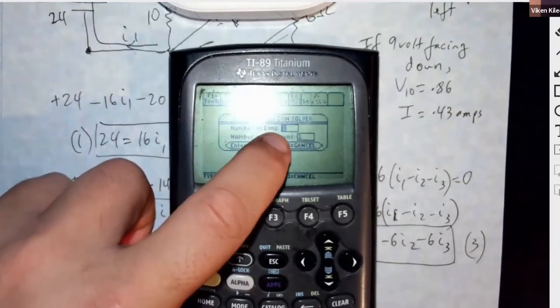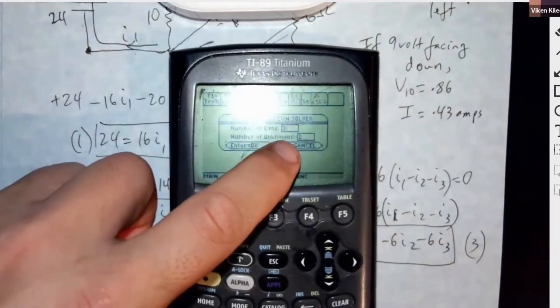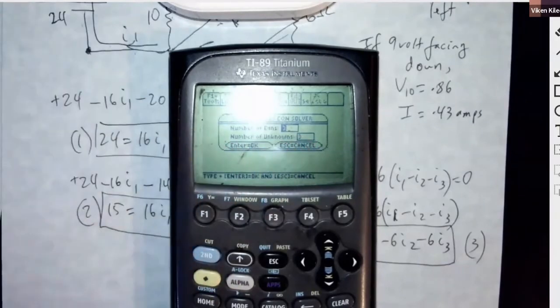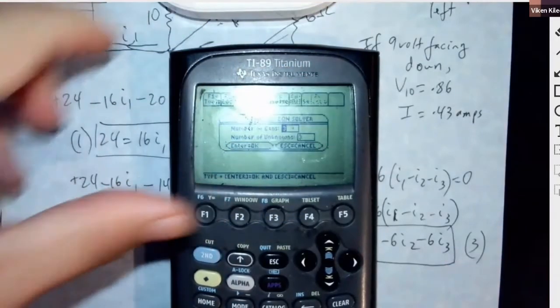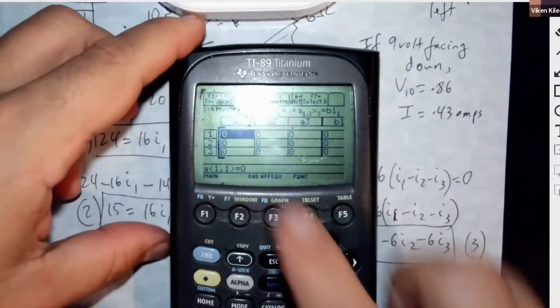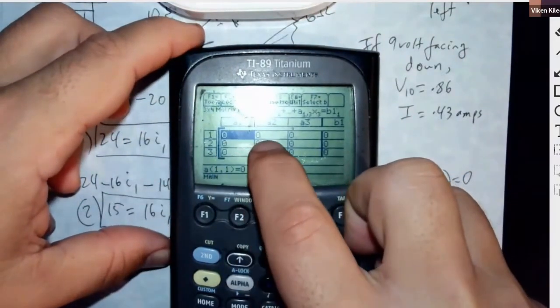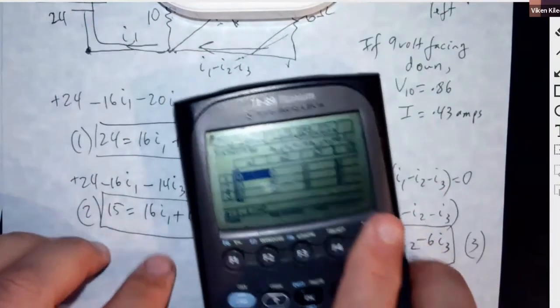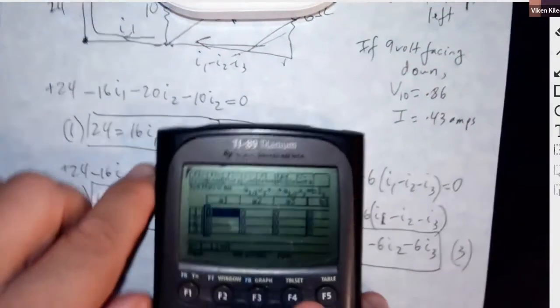Then you say 3 equations. Enter. And then 3 equations, 3 unknowns. You see? So then you put in the coefficients, A1, A2, A3, and then what they're equal to. It's very easy.